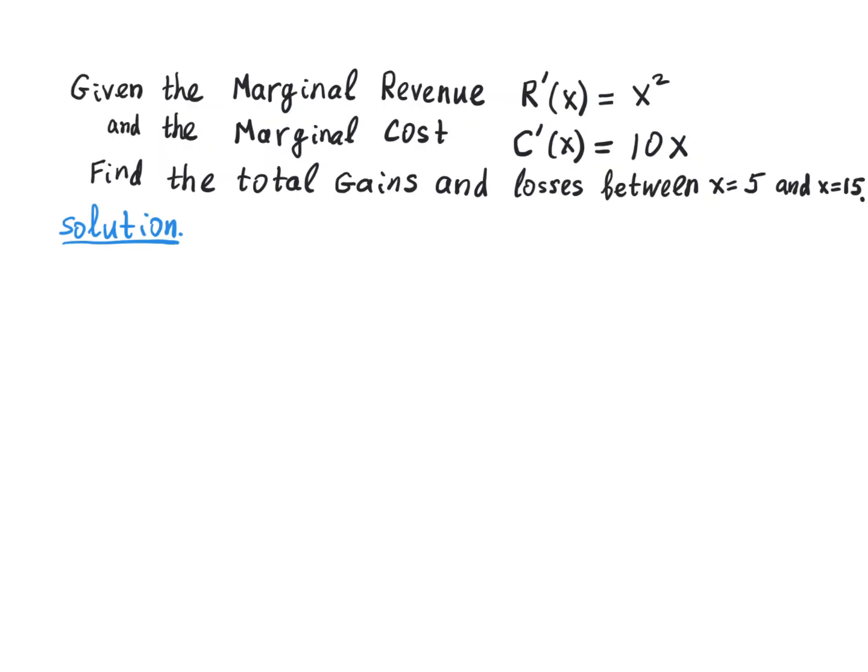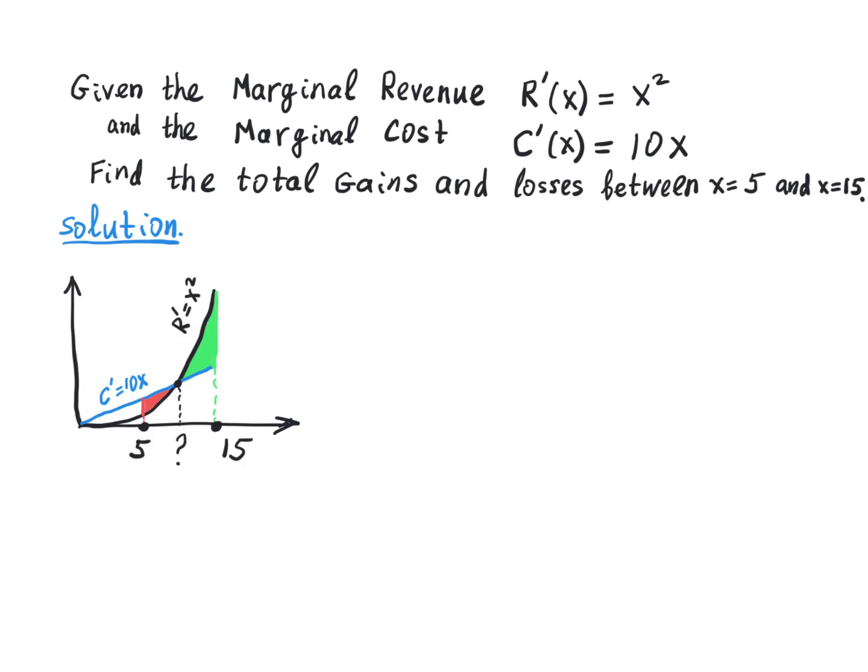Here's another problem. Suppose we are given the marginal revenue and the marginal cost, and we need to find the total accumulated gains and losses between x equal 5 and x equal 15. Again, let's interpret the question in terms of areas. So let's plot the marginal cost and the marginal revenue.